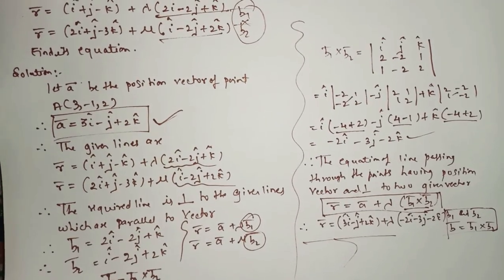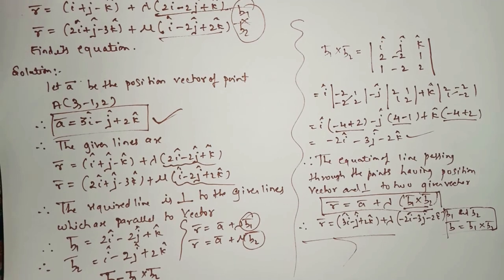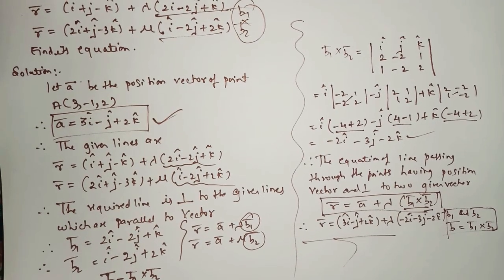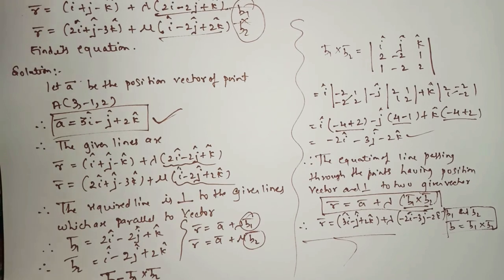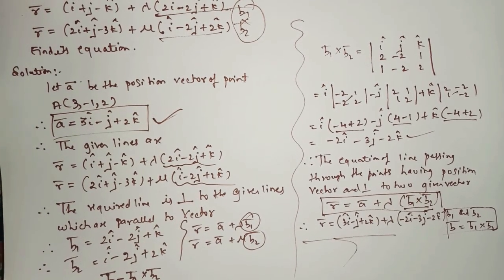In today's lecture we completed the concept based on the Cartesian equation, how to find the shortest distance between the vector equation as well as the Cartesian equation, and we also did all the sums based on the Cartesian equation.